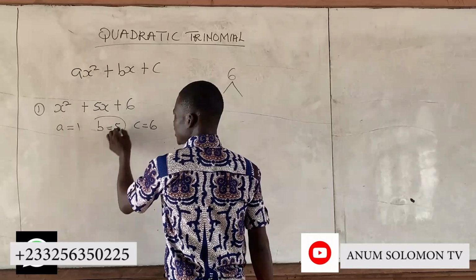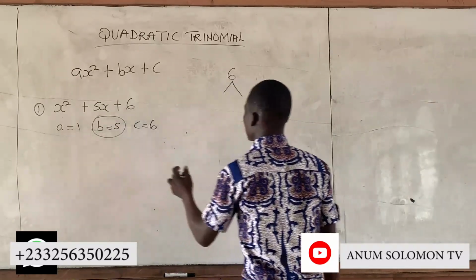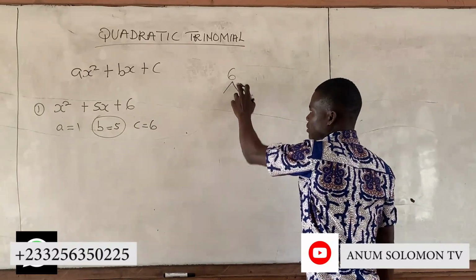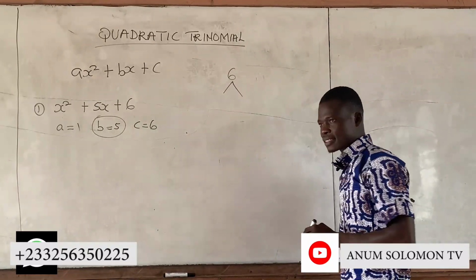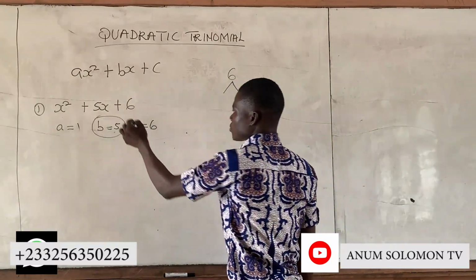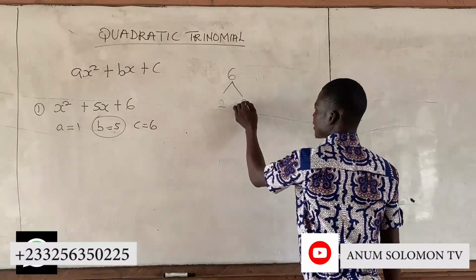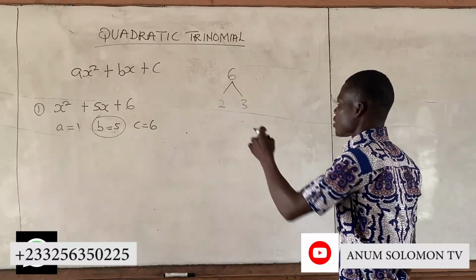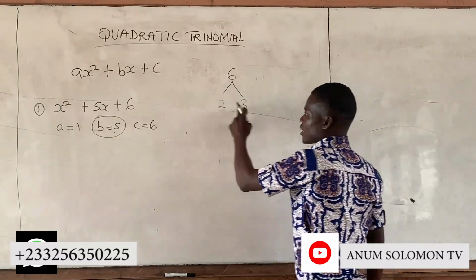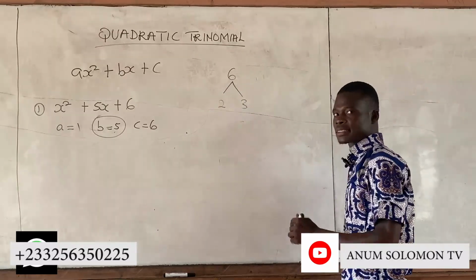So we write that result here, and check the value of the b. The value of the b is what? 5. Now the product of a and c is 6. So let's find the factors of 6 which add up to get the value of what? b. When you check, you get 2 and 3. So let's add and see. 2 plus 3 is 5, and 2 times 3 is the product of a and c.